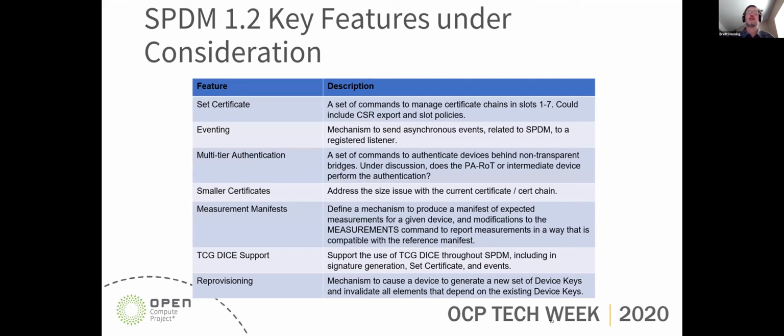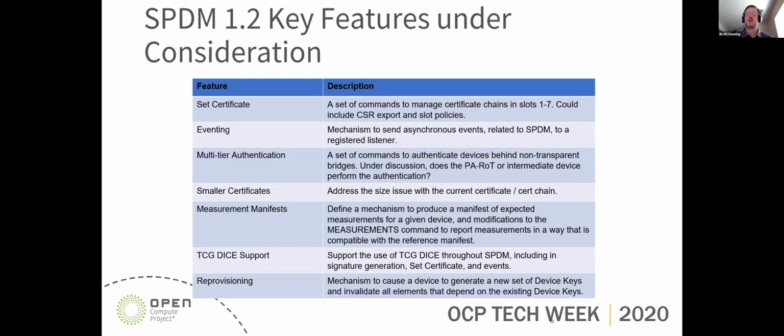Now, in this slide, we wanted to give an overview of features that DMTF is considering for the next version of SPDM. Just the disclaimer is these are all under consideration, but there's not a committed work list yet. The first thing that's under consideration is a command to set certificates.